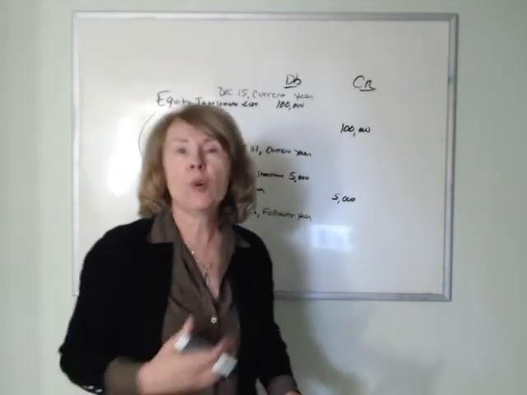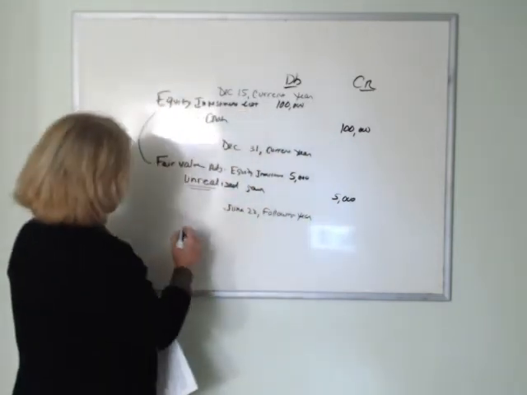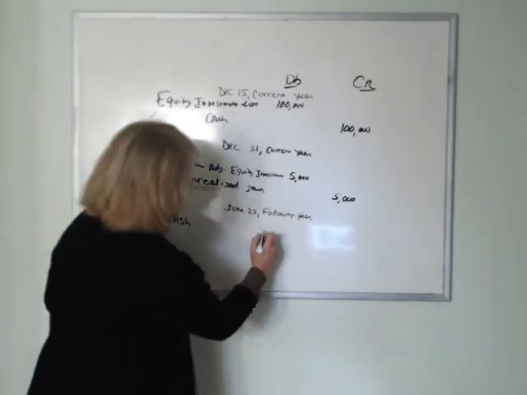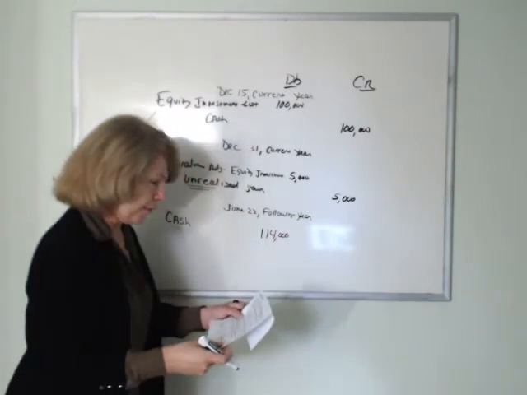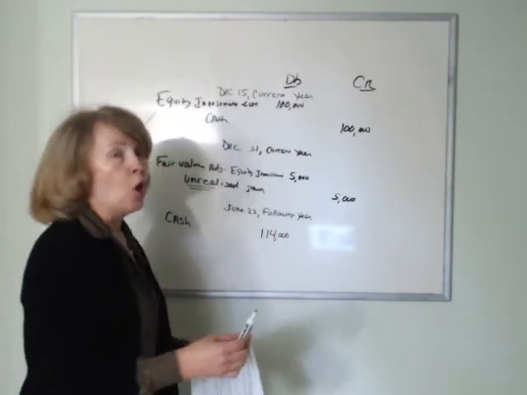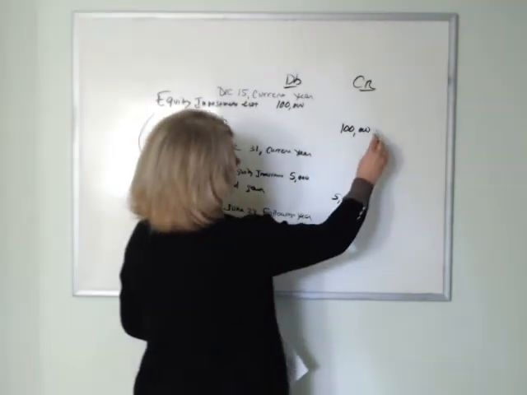$114,000. Well, the 114, boom, that's going to go to my cash. So I go over here, I debit cash, 114,000. All right, now everybody watch. I am going to go back to my cost. How much did it cost me?